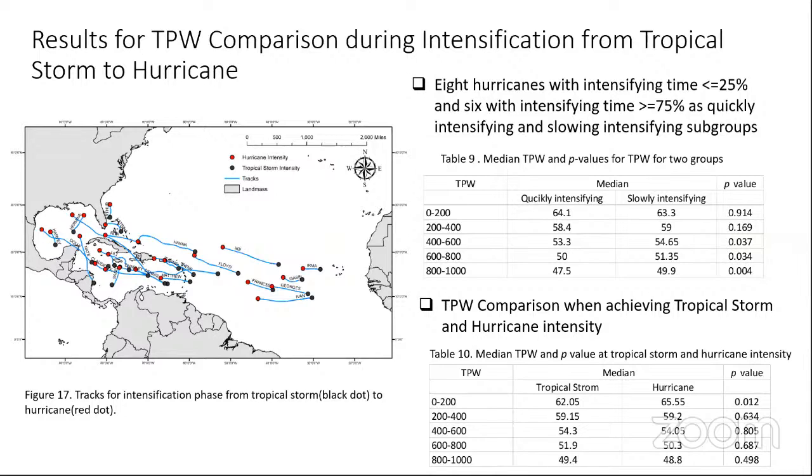For the quickly intensifying and slowly intensifying comparison, first I divided them into two groups based on their median value. However, the result is not significant.